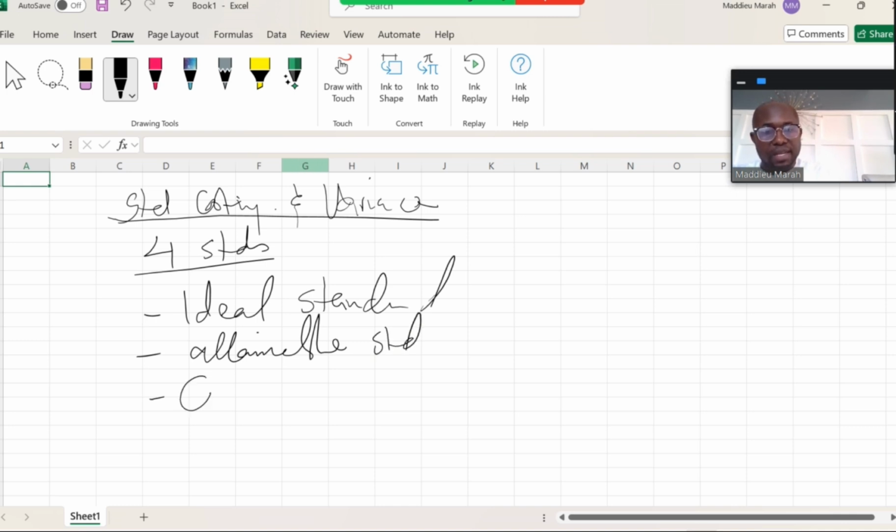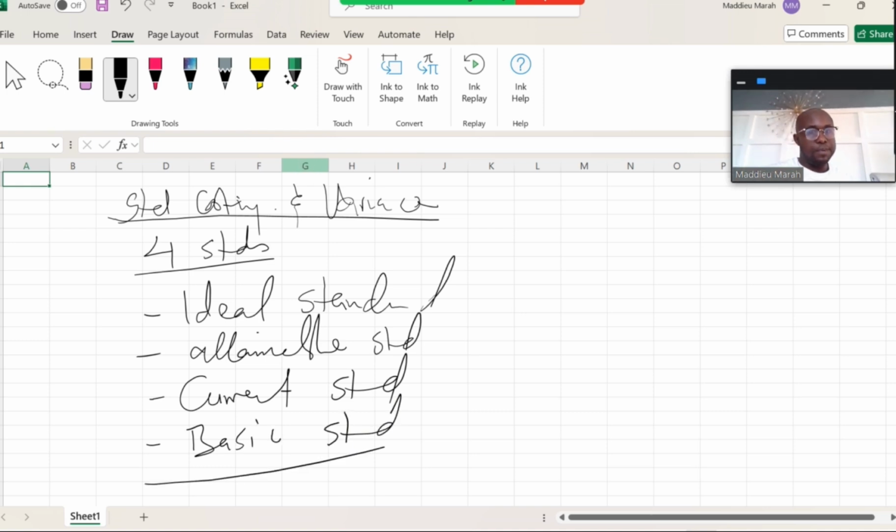I'll be looking at the current standard, and looking at the basic standard. These are the four standards. So we explain these standards and how the standard affects management? Sorry, employees. Okay, and I will explain the standards with an example.